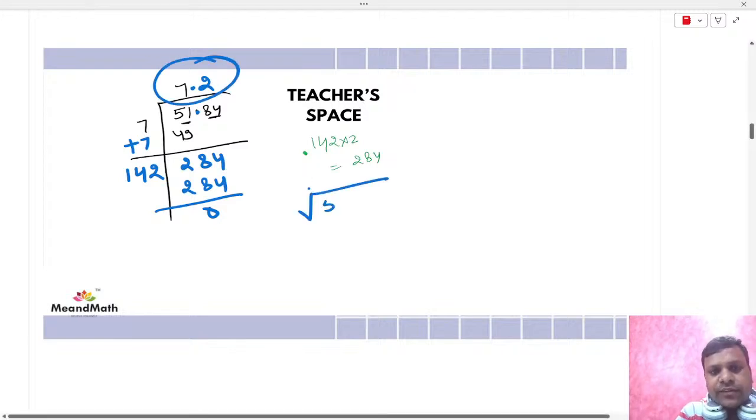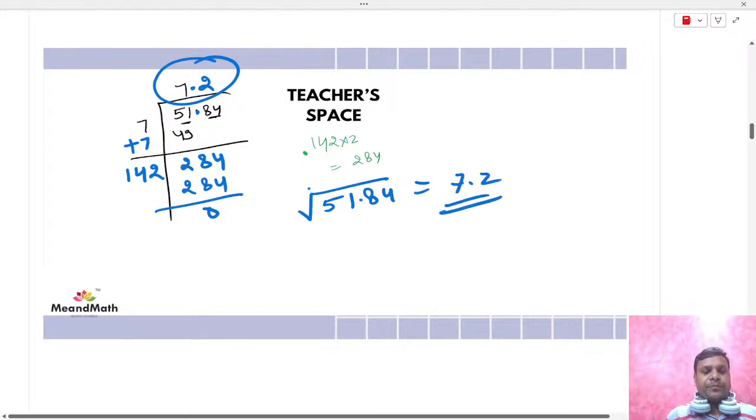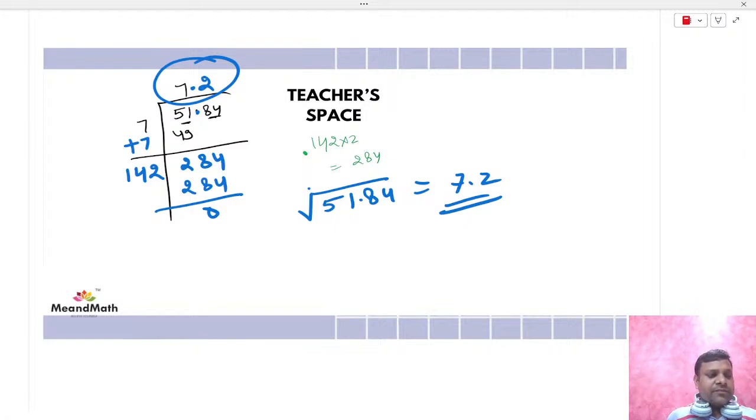So root 51.84 is equal to 7.2. So the answer is 7.2. I think this is clear to everyone. So in this question, we just have to find the square root of 51.84.